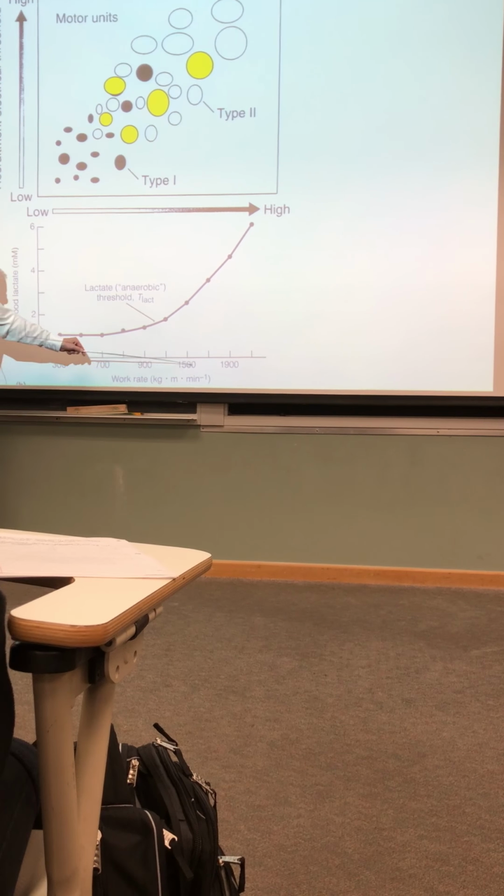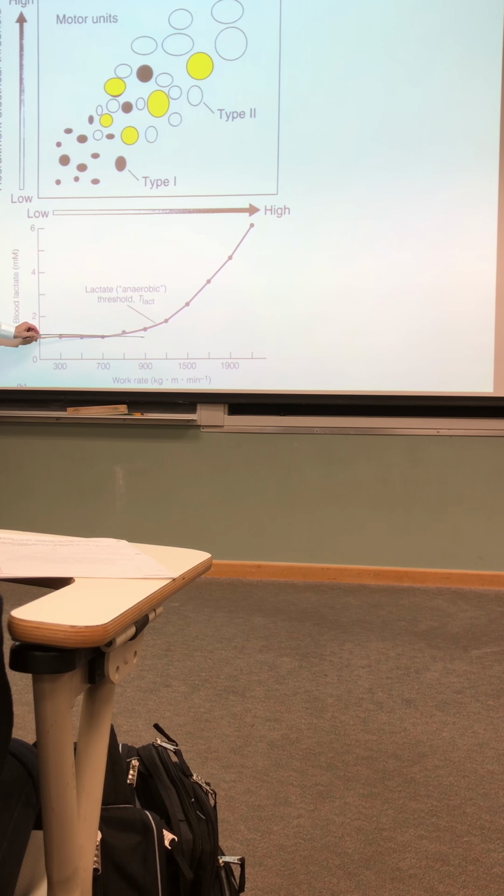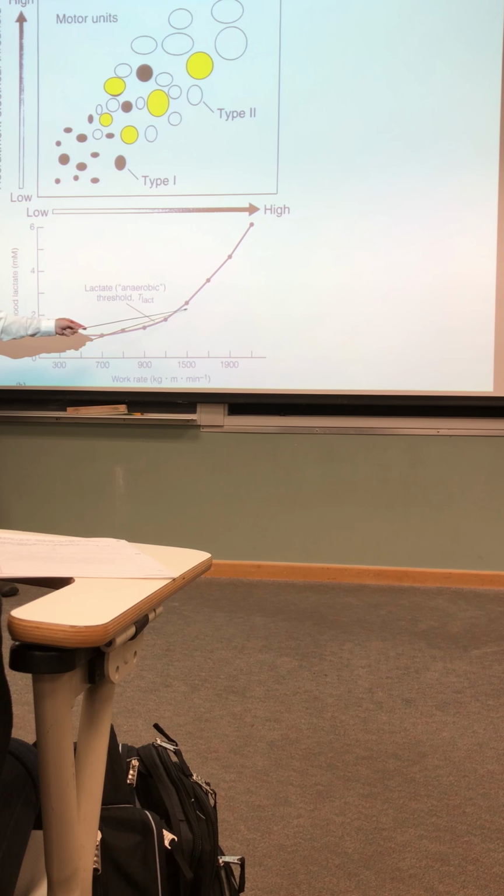Work is going up and up and up. Notice the blood lactate tends to stay very stable up to about 60% of maximum, and then progressively becomes distorted. Right? This is why the size principle was so important for explaining stuff.